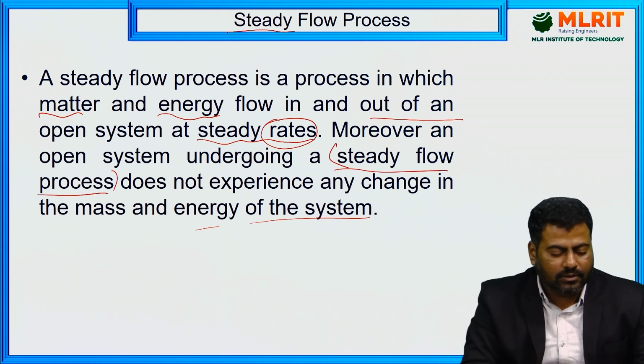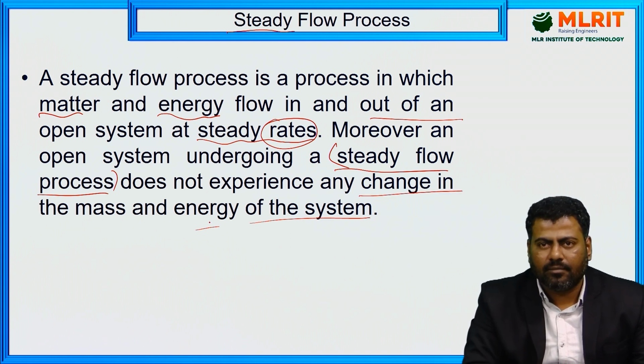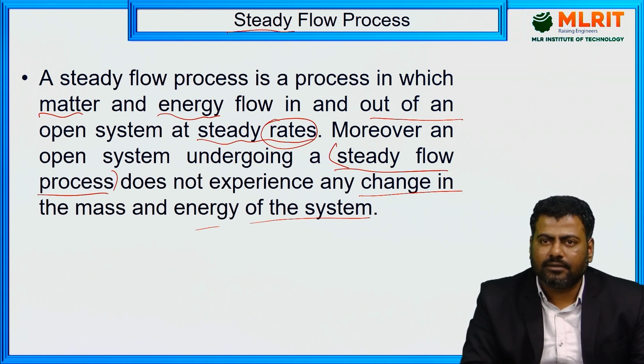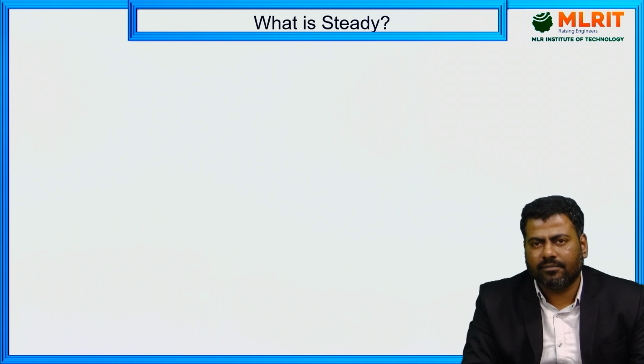Got it? Which means there is no change in the mass and the energy of the system before and after the process. That is why we have considered these basic, simple steady flow processes. Right? Then we have mentioned that the system is at steady rates.